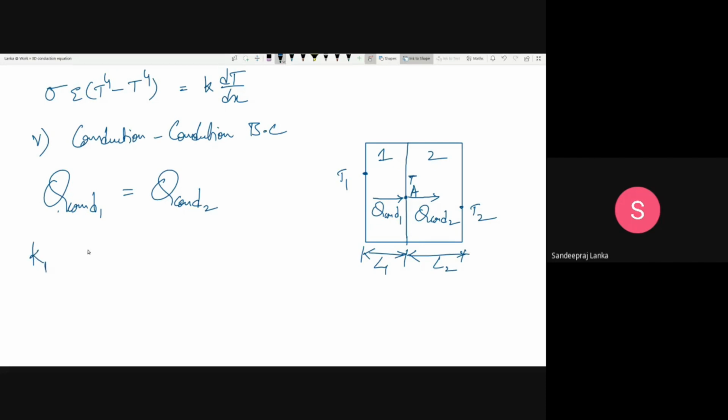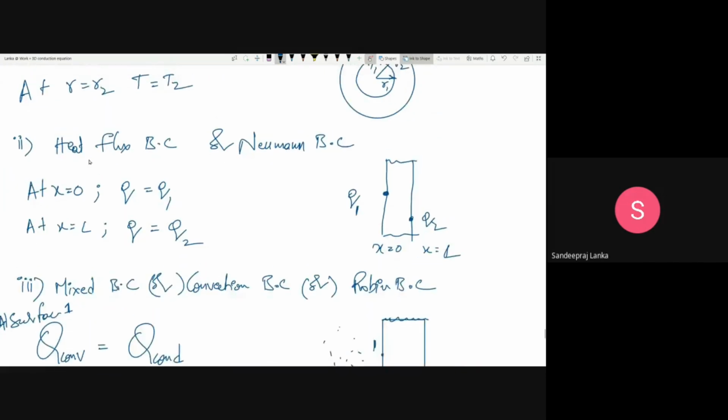K1, meaning thermal conductivity of the material 1, and K2, thermal conductivity of the material 2. What is this dT here? You can write T1 minus TA by L1. On the other side, you will have K2 into TA minus T2 by L2. So this is how you will have it at surface A. So these are all the 5 things.